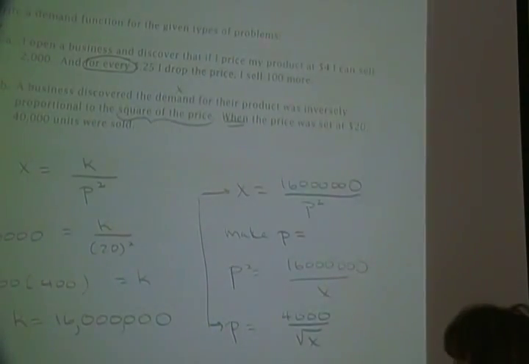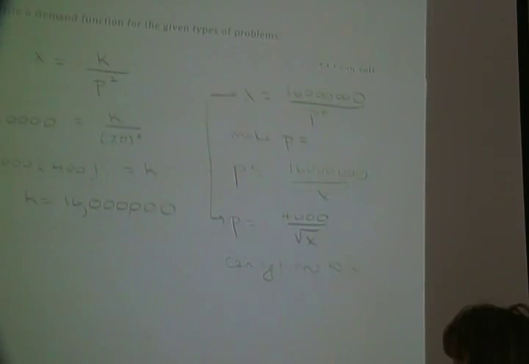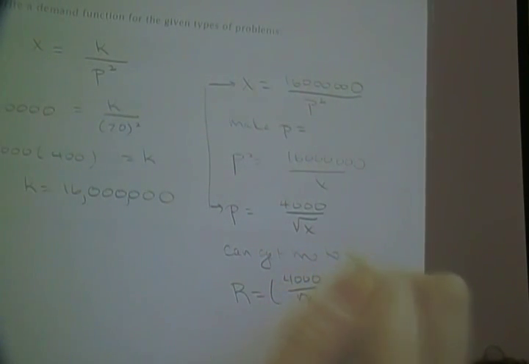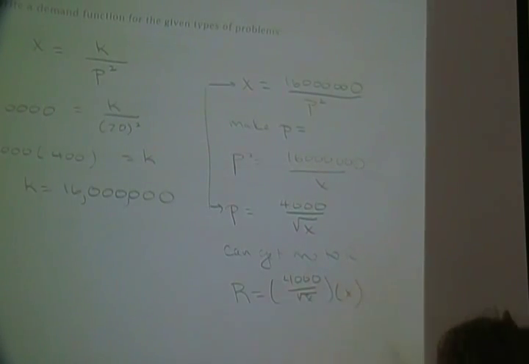Either of these are demand functions. They're both demand functions. But this is the one that can get me to revenue. Because if I need a revenue function, all I would do is take this demand times X. That's how I get revenue.